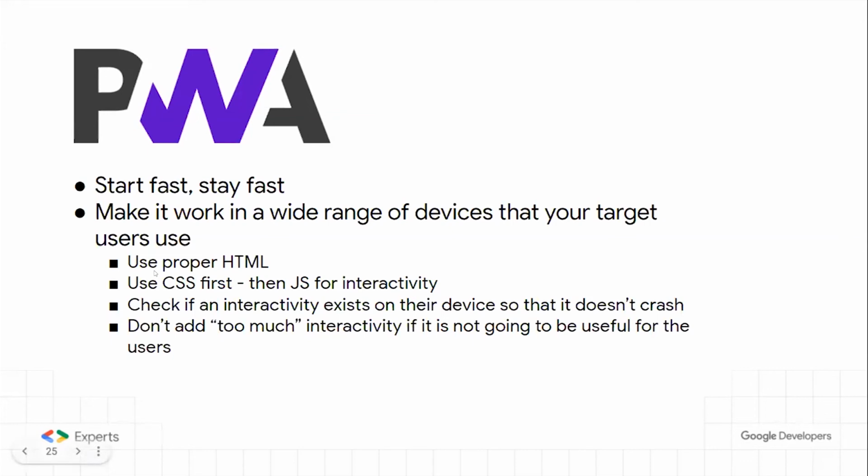You really need to use proper HTML on this one. Knowing what HTML tag to use, and not just divs and spans, will make your site look good or even be interactive on older devices. You also need to use CSS first for all of your interactivity until it becomes unwieldy.